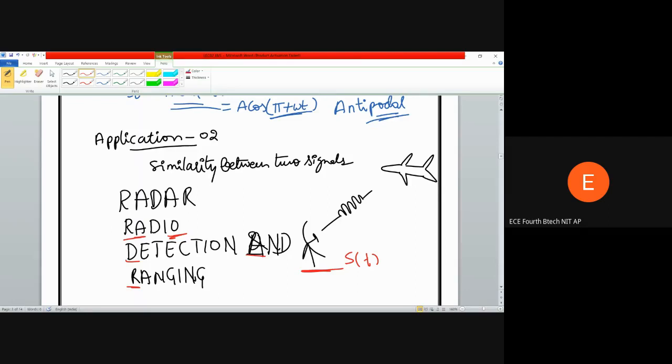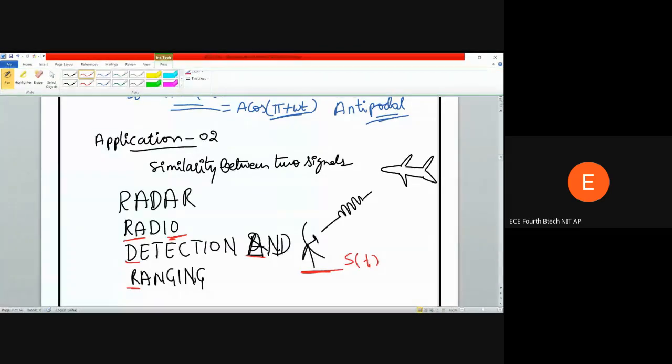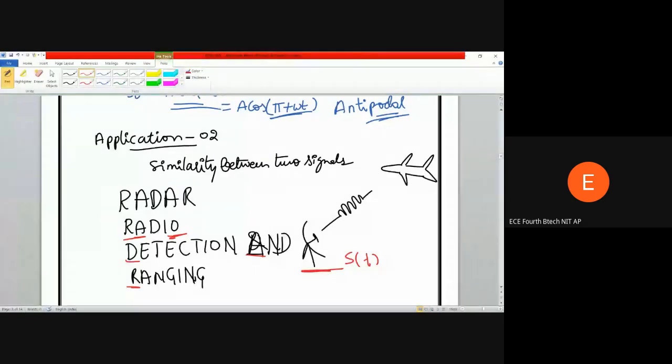If it is only noise, if there is no target, then the similarity index between the received noise and the transmitted signal will be a very small value. So this is another application where we are going to use this correlation concept.